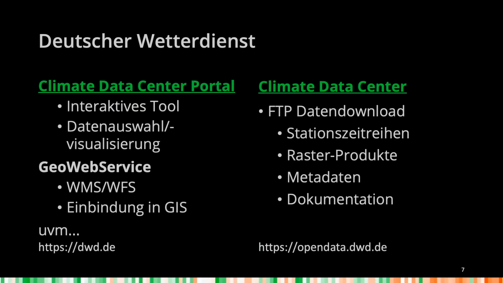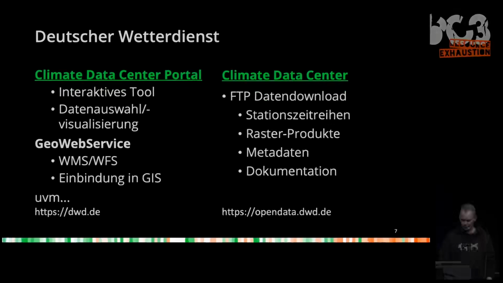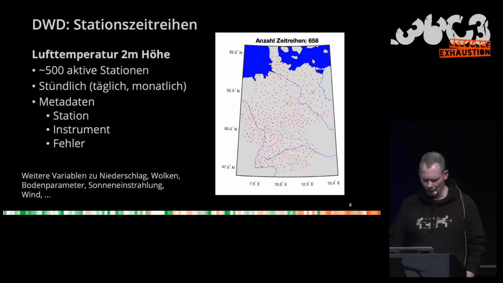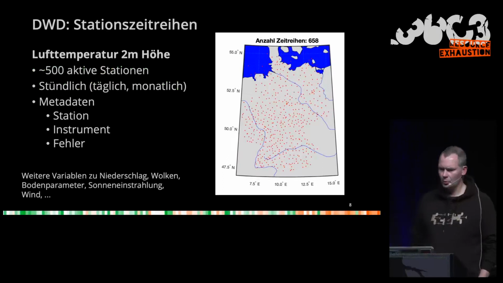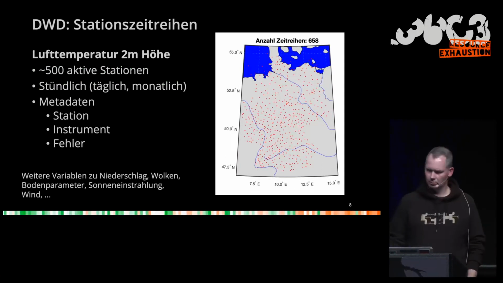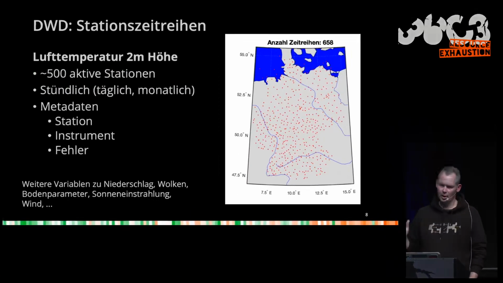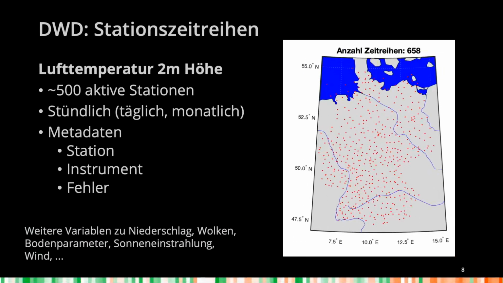So there are a lot of stations with time series, metadata and documentation, and rasterized data. In this data service, there's metadata on the measurement equipment used and much more. So we have an overview of all the stations available from the German weather service.